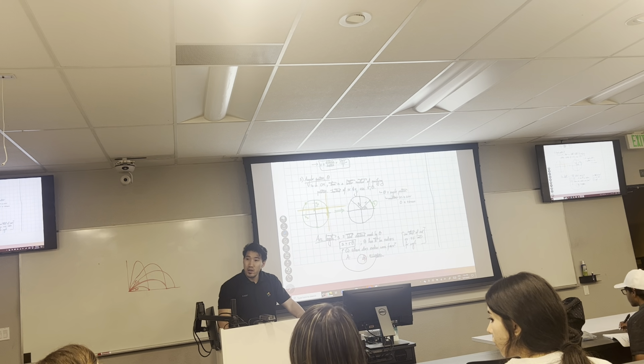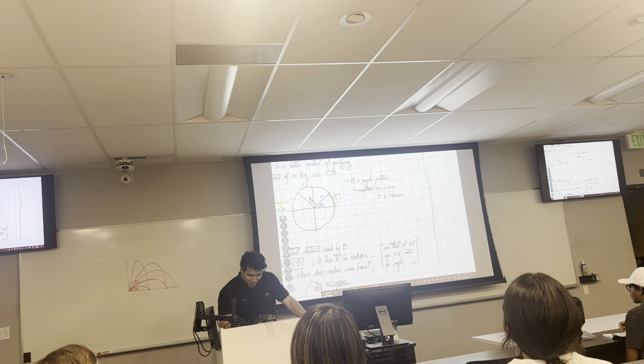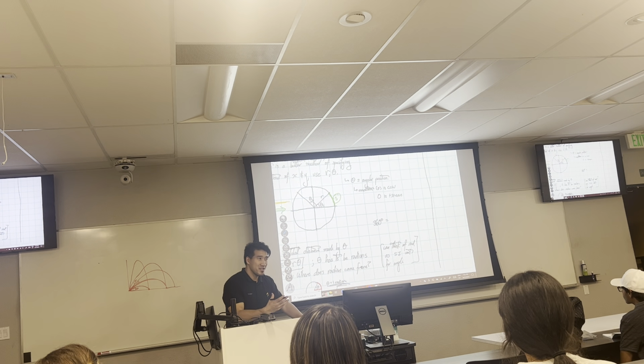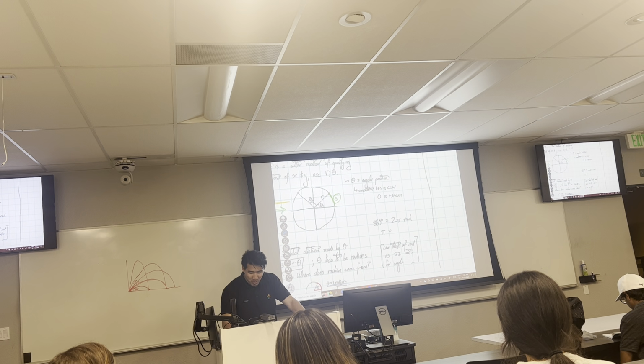Is it possible to convert between the two, radians to degrees? Yeah, so in one circle, how many degrees are there? 360. In one circle, how many radians are there? Anybody know? 2 pi? 2 pi is correct. So 2 pi radians is equal to 360 degrees, or I simply remember pi is equal to 180 degrees.